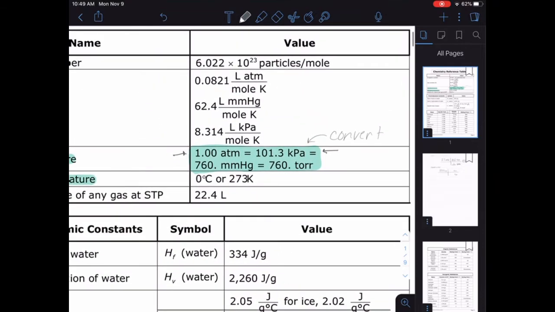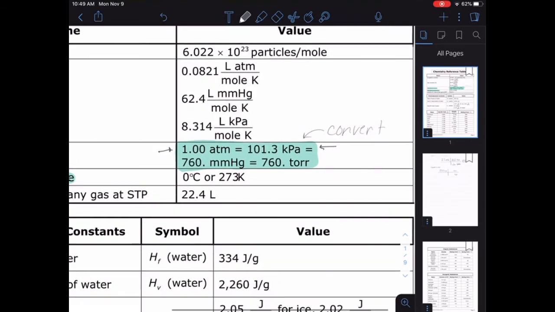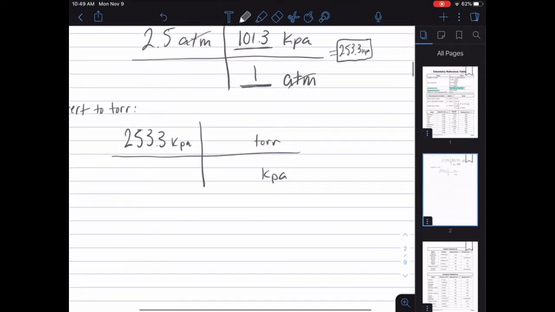Now let's look back up here at our conversion factors. So this time we have 101.3 kilopascals is equal to 760 torr. So now those are the numbers I'm going to fill in. 101.3 kilopascals is equal to 760 torr.